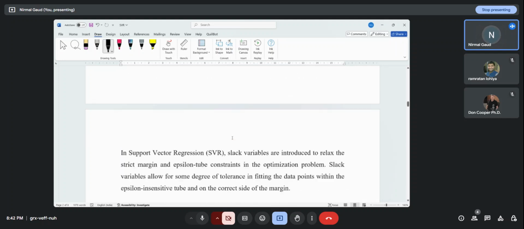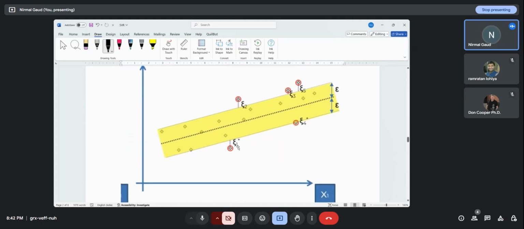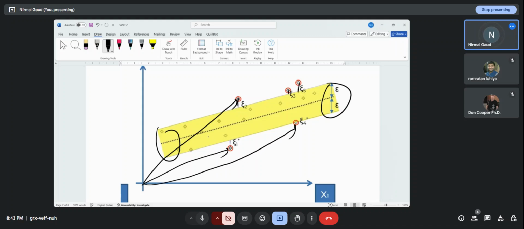That's what we have seen in the representation also. Here you can see, the distance of these points is being considered from the epsilon tube. You can see here the epsilon tube and the distance of the points which are present outside. They are represented as slack. And we can also mark them as the vectors, like this.